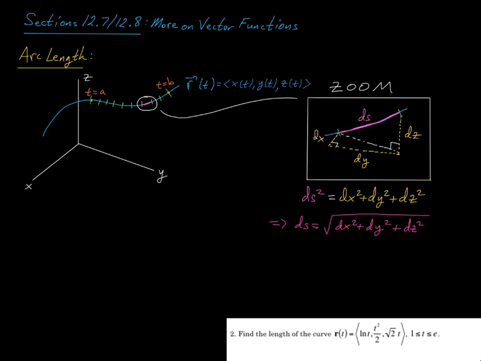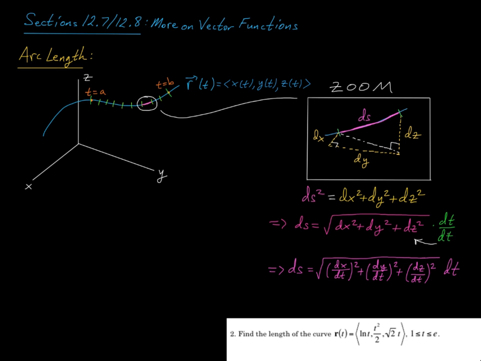Okay, so put another way, ds is the square root of the sum of the squares of these little differential changes. And now since our vector function is in terms of the parameter, I'm going to write this expression in terms of the parameter. I can do that by multiplying by dt over dt. In other words, I'm just multiplying by 1, which is not changing the value of this expression.